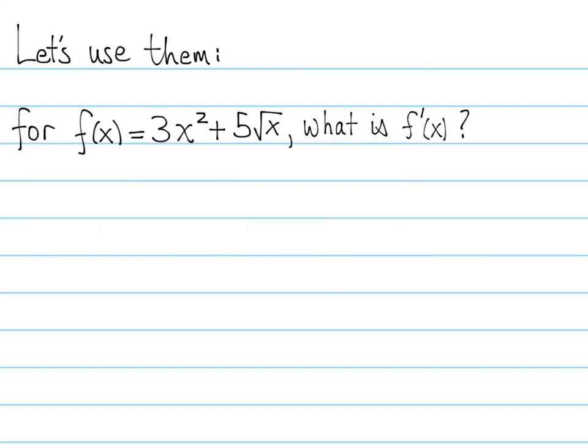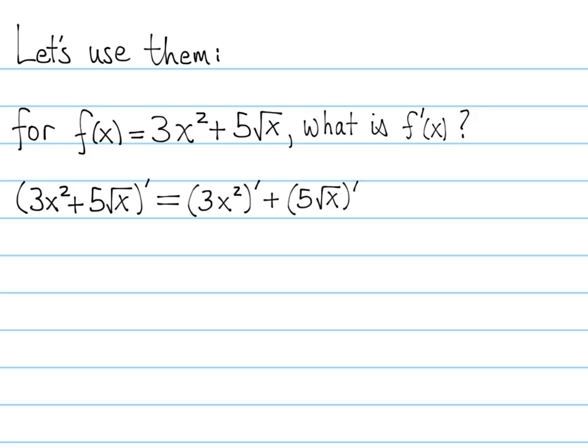So let's go ahead and do an example using the rules. So look at the function f of x equals 3x squared plus 5 radical x. We're going to go ahead and take the derivative of this without even using the limit definition. So the derivative of this function, well, the first thing you notice is that we have the sum of two functions. So the derivative of 3x squared plus 5 radical x is the derivative of 3x squared plus the derivative of 5 radical x.